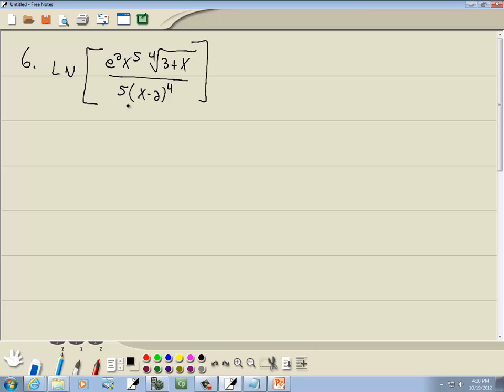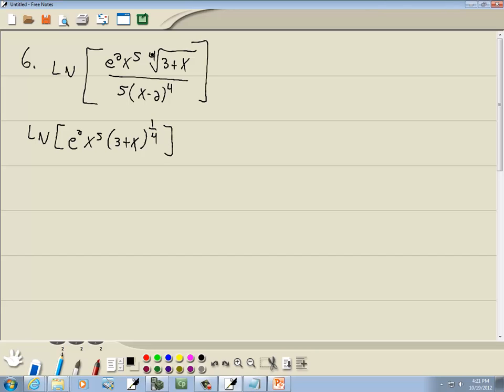Well, I know in my first step I'm going to rewrite that fourth root as the 1/4 power. We'll get to that. The main thing that's happening here is we got something nasty on top divided by something nasty on the bottom. So division is our main thing. So division becomes subtraction. So I'm going to have ln of e squared x to the fifth and 3 plus x to the 1/4 power.